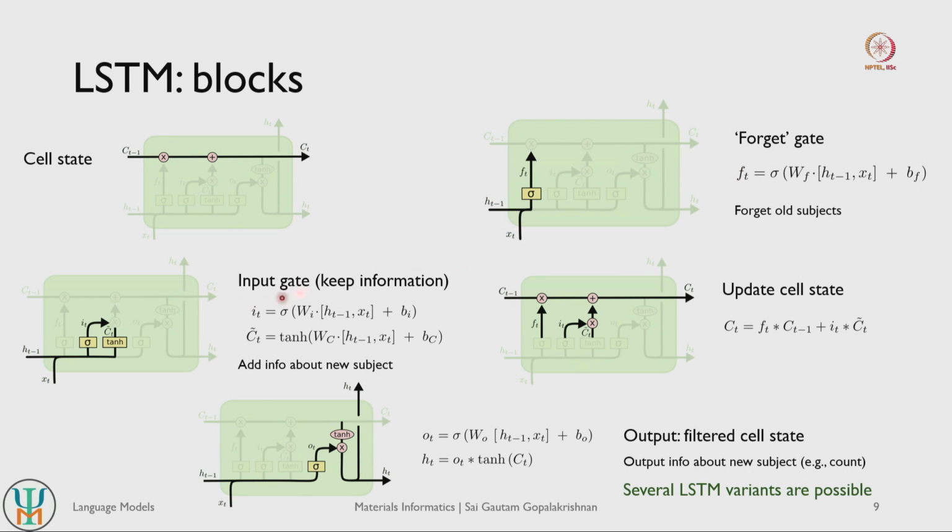And then you have a set of gates, a mathematical operation that lets you forget unimportant information and then keep newly seen important information. So for example, if you have a sentence where there are multiple subjects, right. The sentence could be something like there were animals in the farm, one of the animals that was seen was a chicken and chicken lays eggs, right.